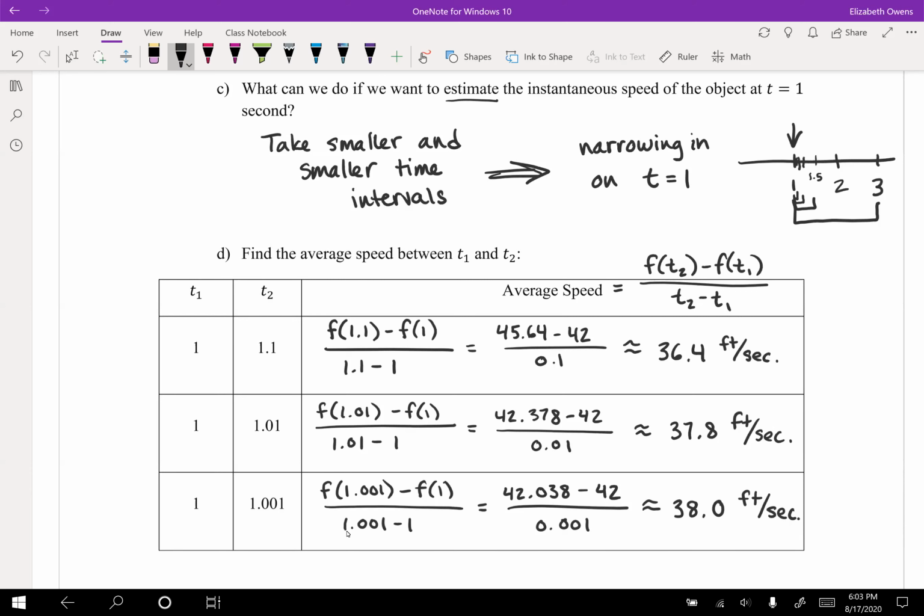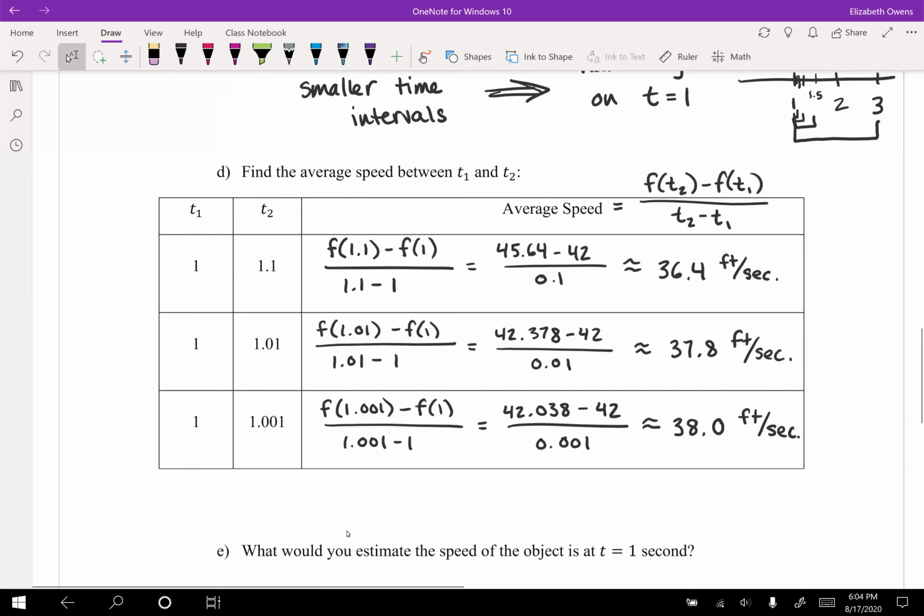Okay, now if you'd like, you can bring this t2 in even closer to 1 second. You might just keep adding some zeros in there, like let's say if you wanted to try 1.0001. Notice that if you do that, it actually turns out to still be about 38.0 feet per second.